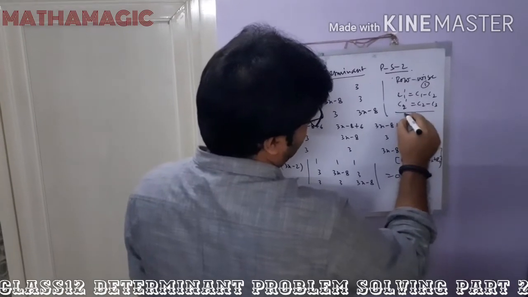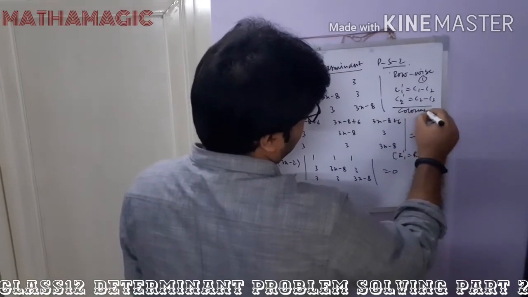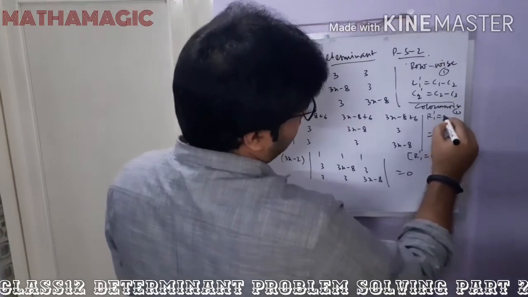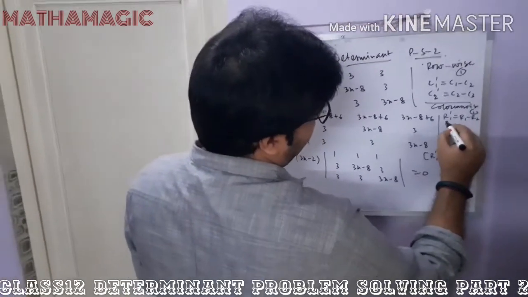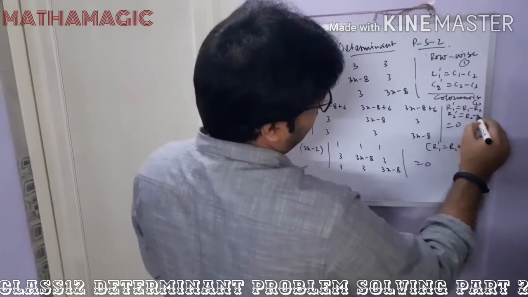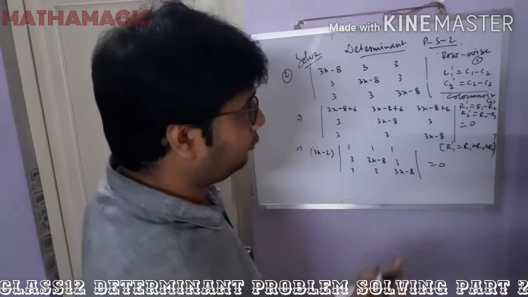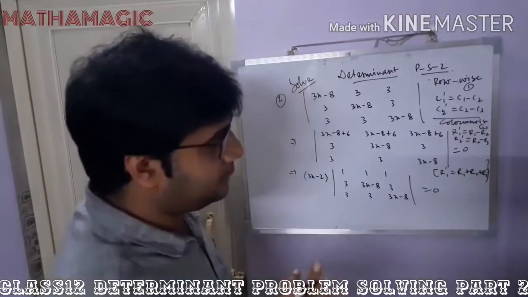And for column wise 1, you have to perform R1 dash equals R1 minus R2, R2 dash equals R2 minus R3. There is nothing called R3 dash or C3 dash. You have to perform these two only. Please note it down.